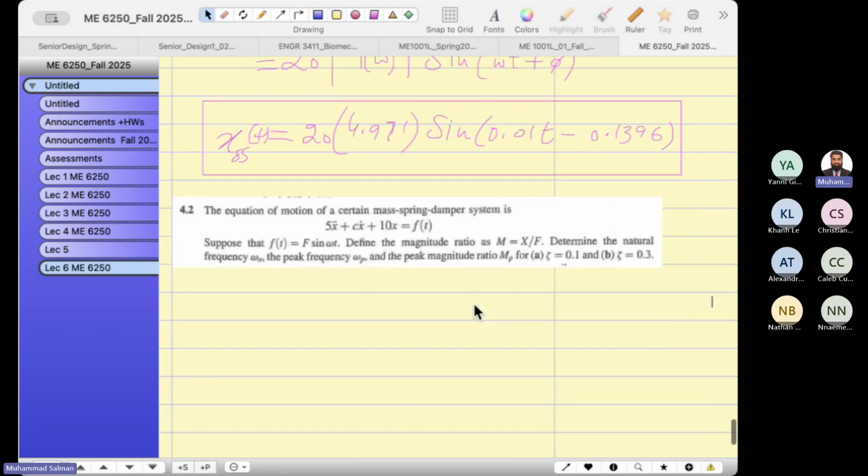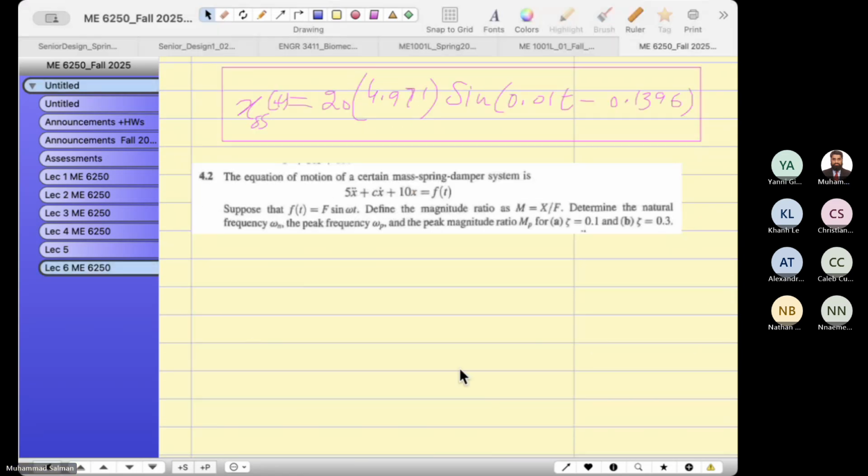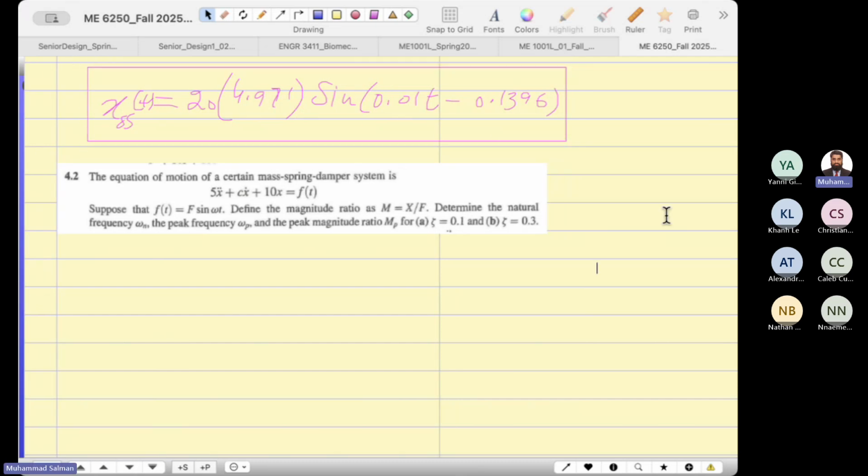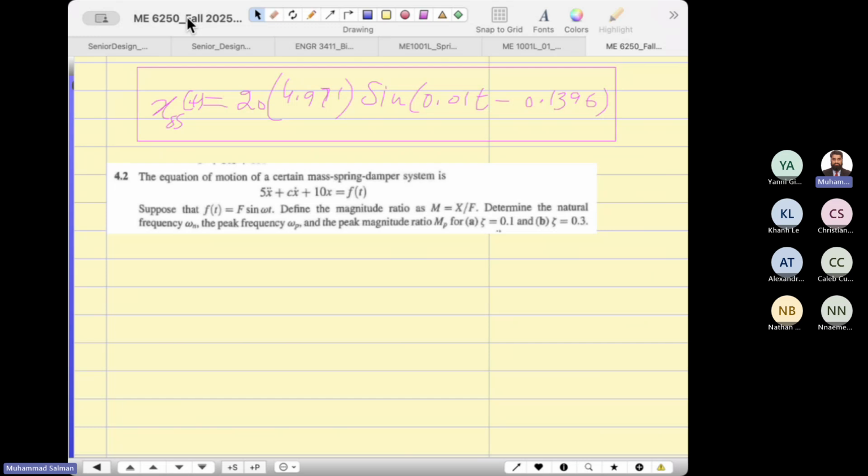So the question is: the equation of a certain mass spring damper system is given. Let me move it a little bit here.